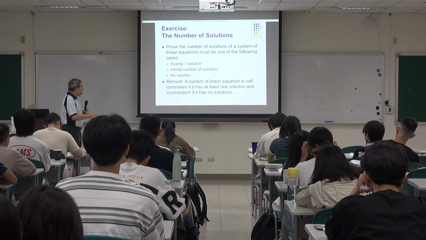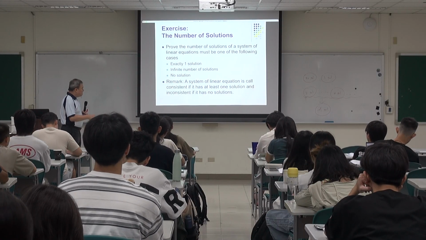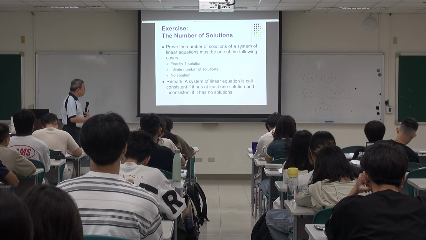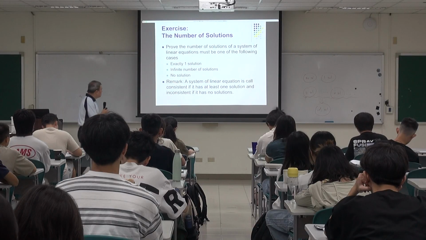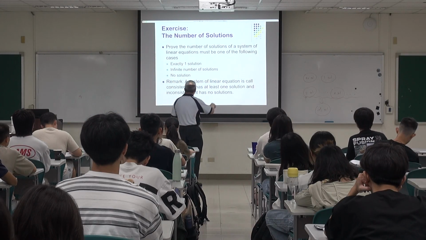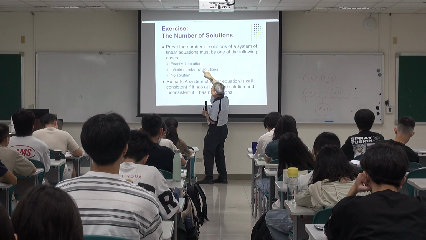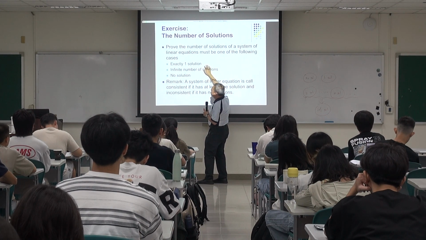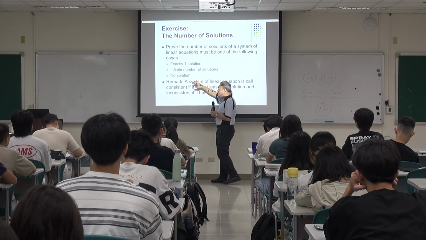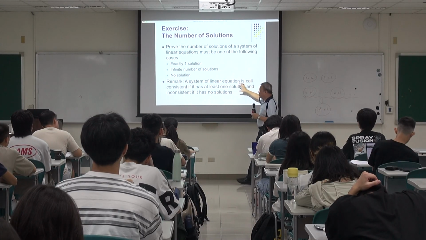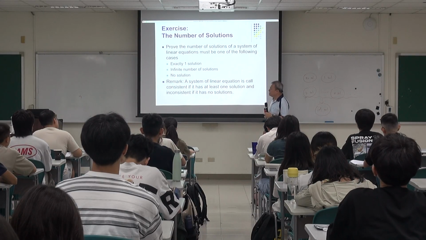So a system of linear equations is called consistent if it has at least one solution, and inconsistent if it has no solution. Now look, if the system of linear equations belongs to the first or second cases, then we call such a system consistent.